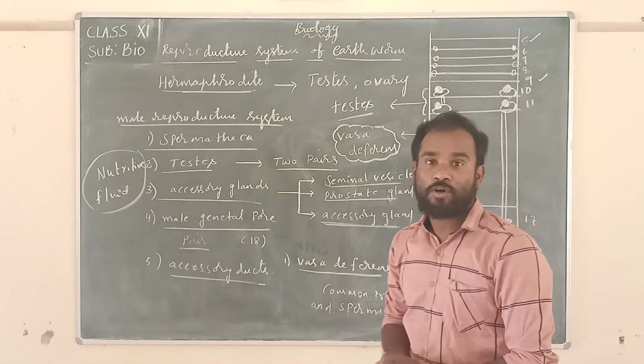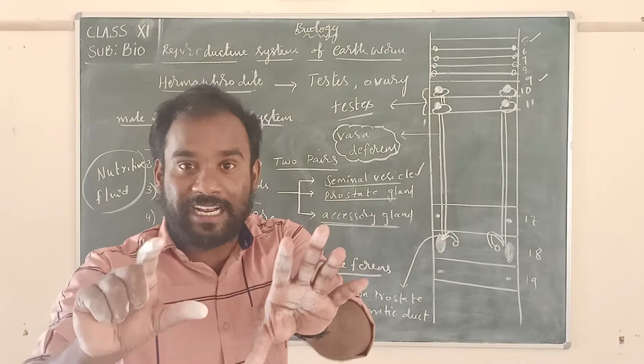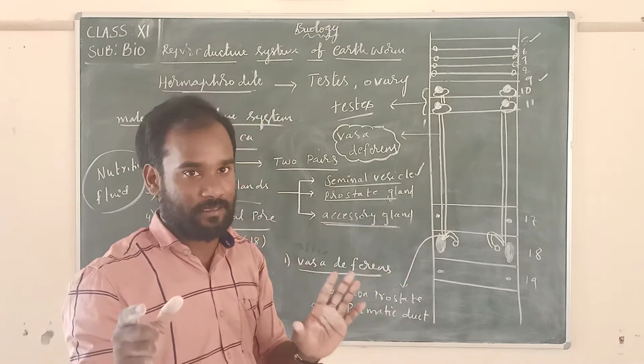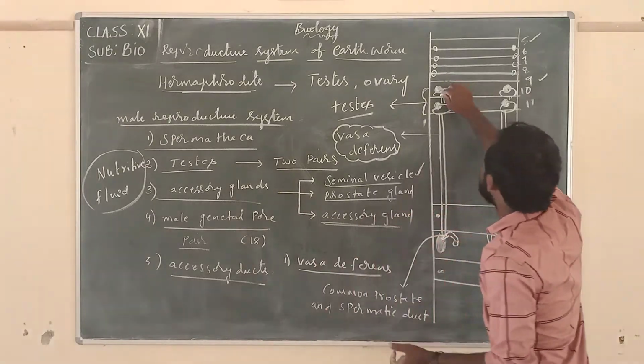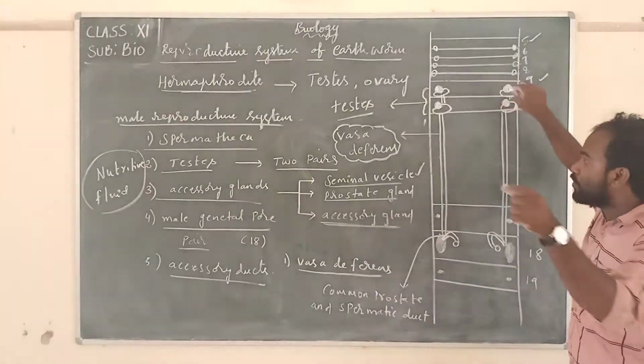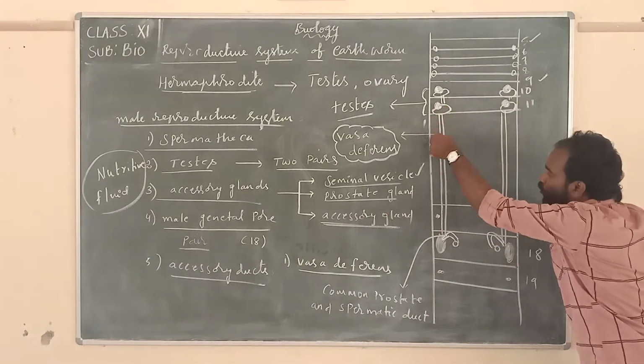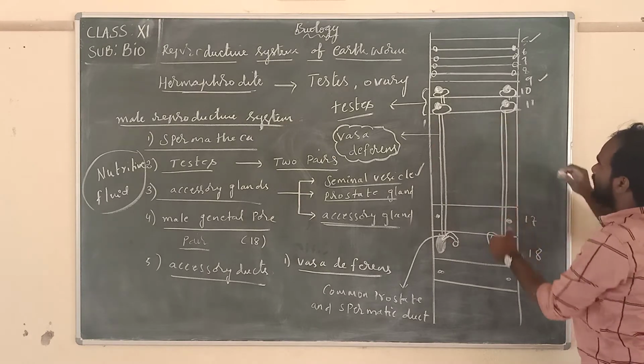Now, my dear students, I will give you a clear-cut picture of what happens in the male reproductive system. The testis will release sperms. Those sperms will move through the vas deferens.